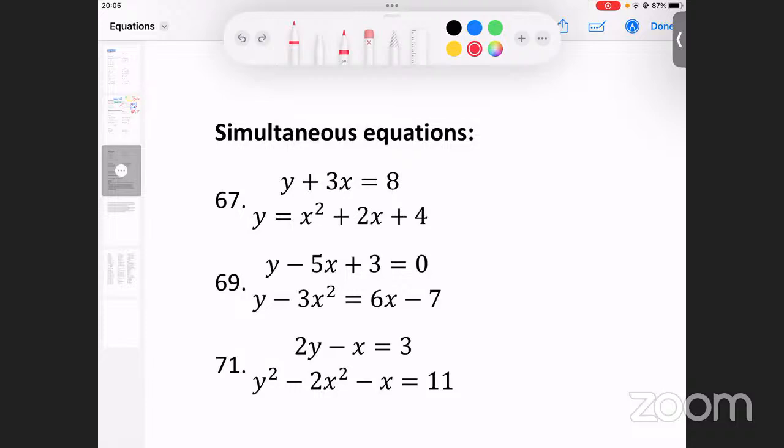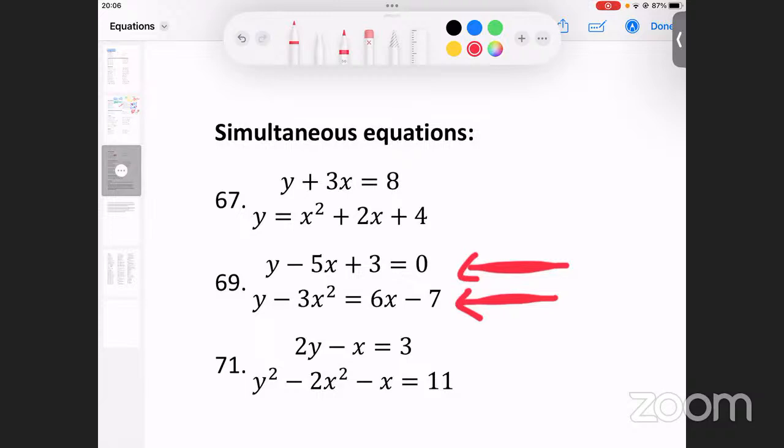Maybe when you look at 69, you realize, okay, I will need to make something the subject of the formula. The question now is, are you going to use this equation or are you going to use that equation to make equation number 3? How are you going to decide? This is how you decide.